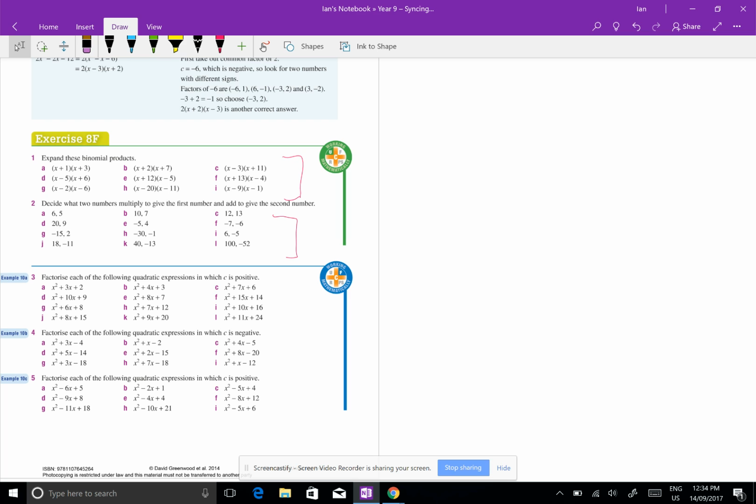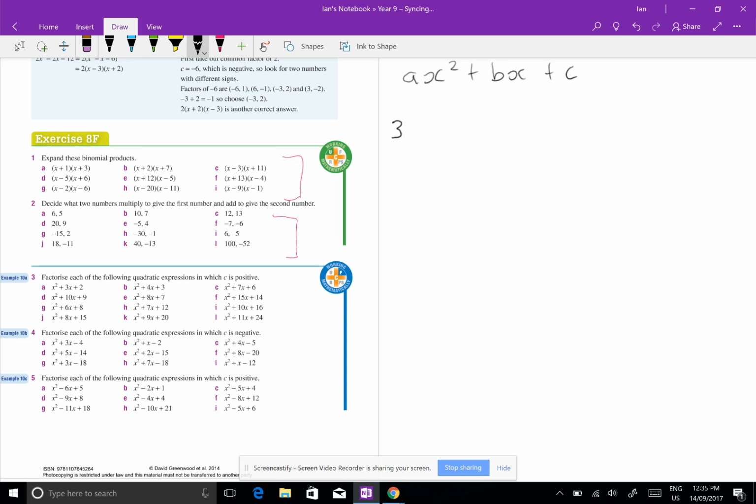Well, let's just factorise them. When they're saying C, they're talking about the general form, ax squared plus bx plus c. So all they're saying is the thing at the back, the constant term, is positive. So let's have a look at the first one.